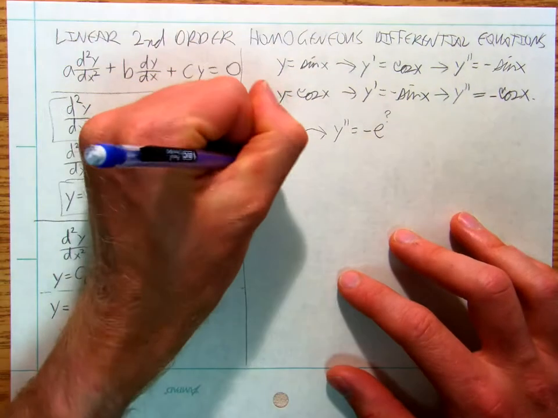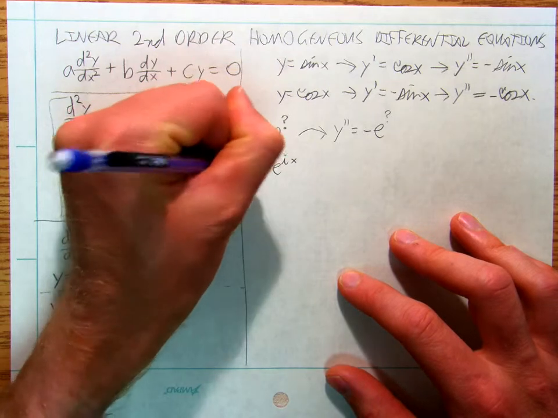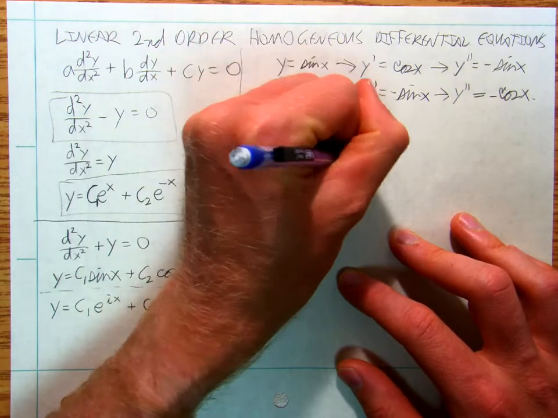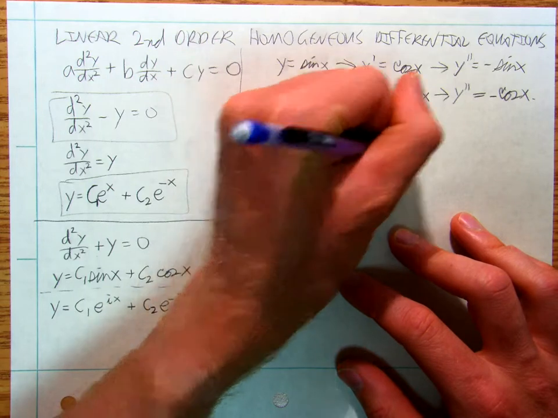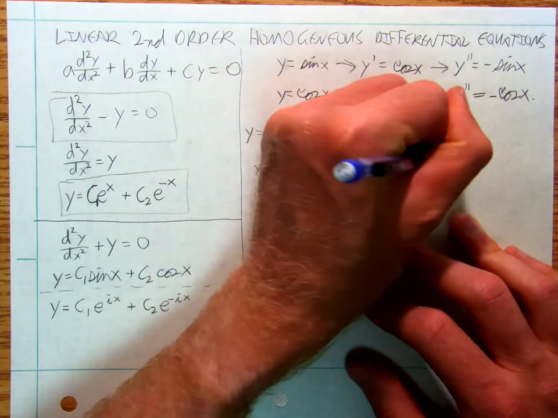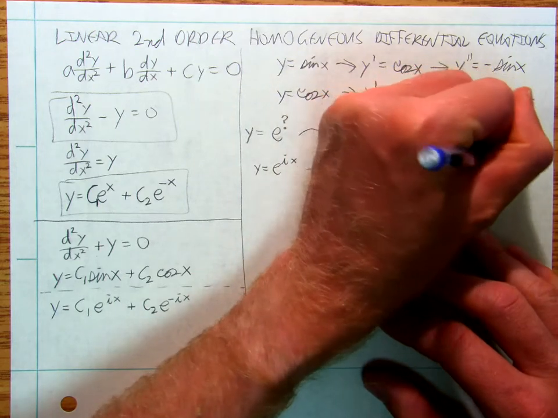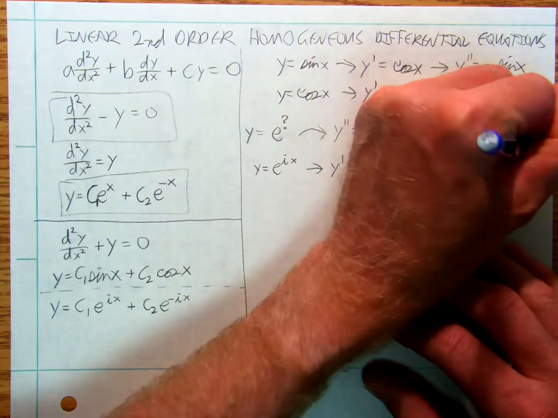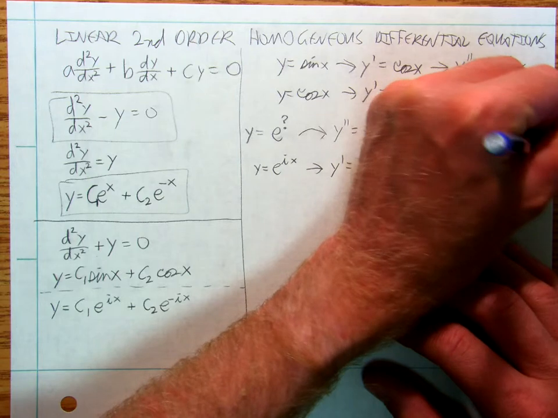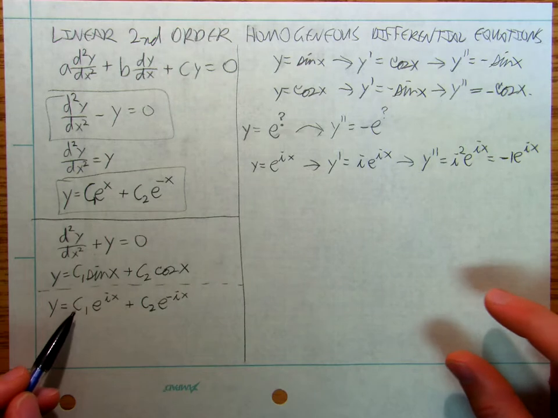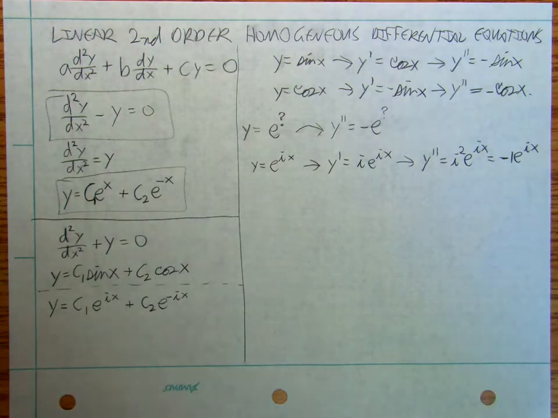Because e to the ix gives y prime is i e to the ix, which gives y double prime is going to be i squared e to the ix, which is negative 1 e to the ix. And then e to the negative ix is going to do the same thing, and multiplying by constants is going to do the same thing.